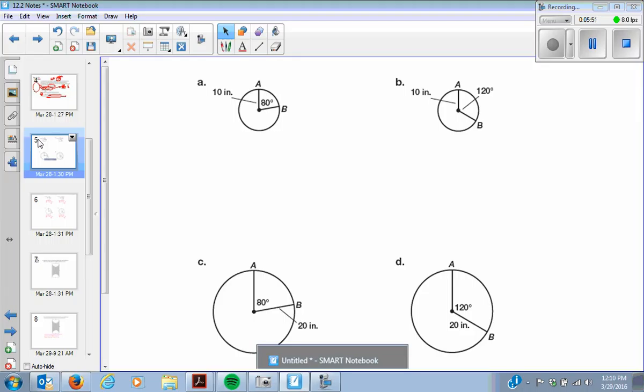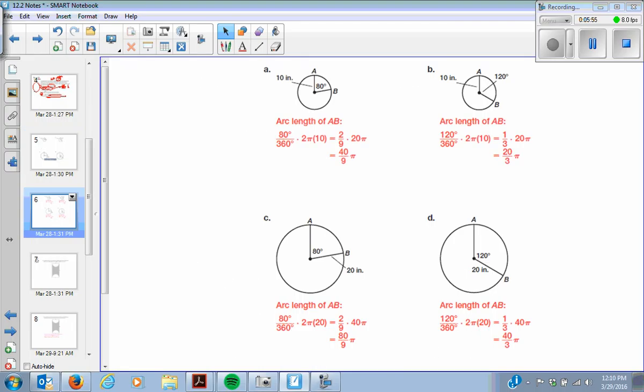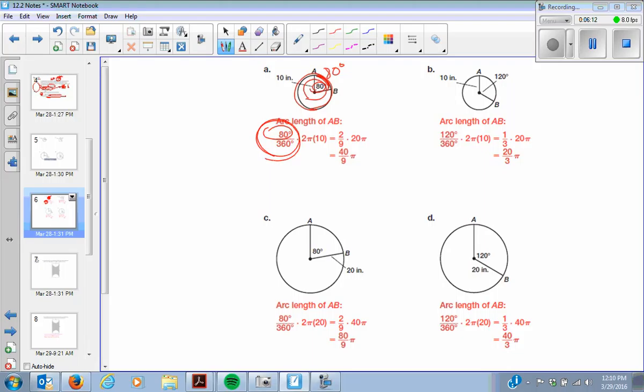Okay, I'm going to go to the next slide, which is going to have the answers. So here's how we find them. Notice, if this is 80 degrees, I need what this arc length is, which is going to be 80 degrees because it's a central angle, and those are going to be congruent. So 80 over the full 360 gives us our fraction, which is going to reduce to 2/9.